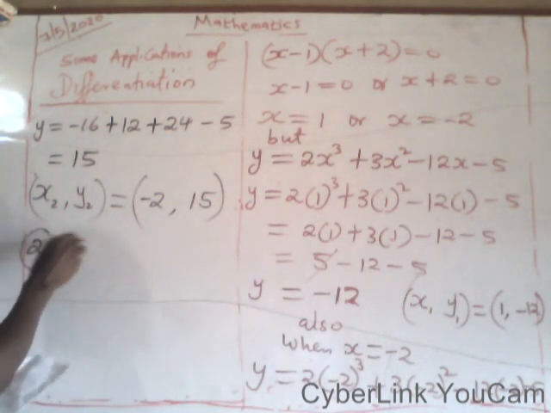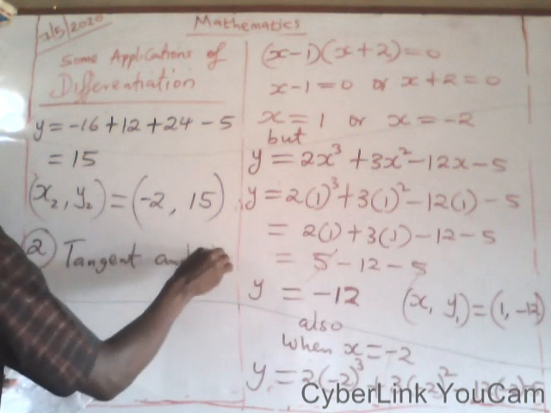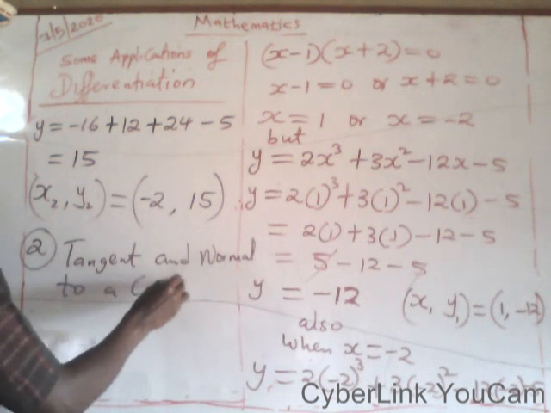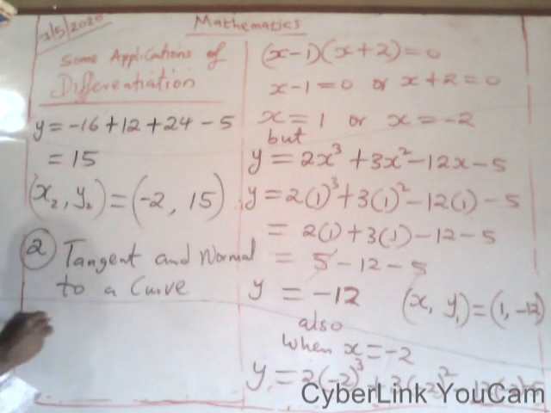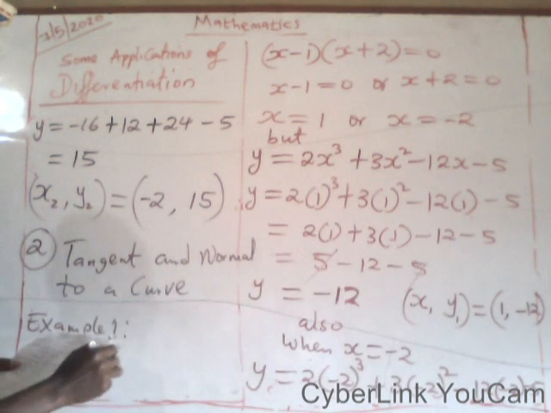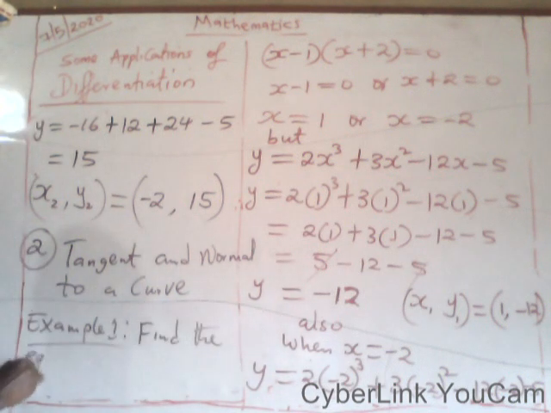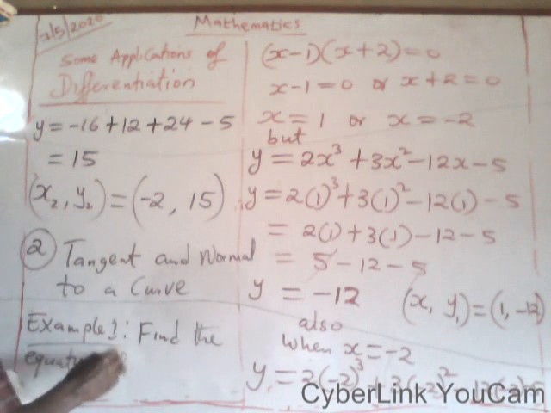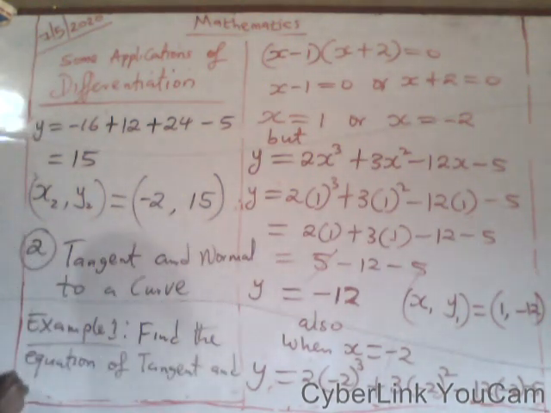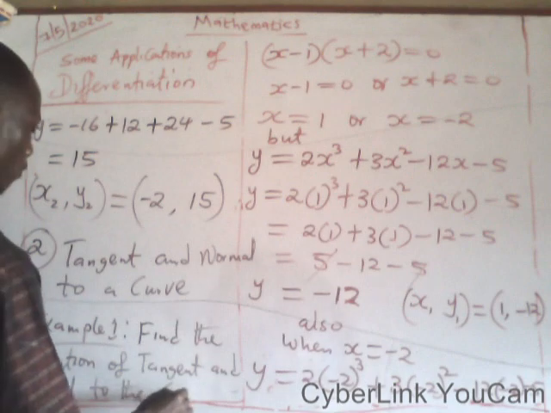That is tangent and normal to a curve. So example 1 is here. We are told to find the equation of tangent and normal to the curve.